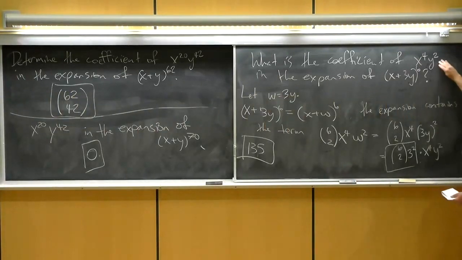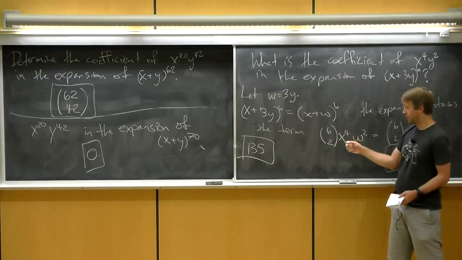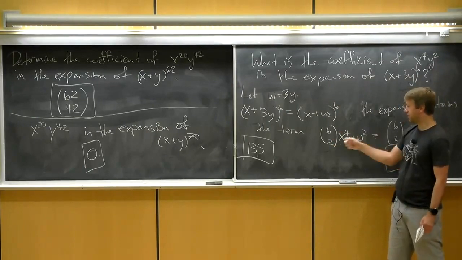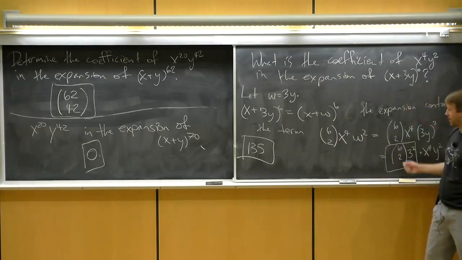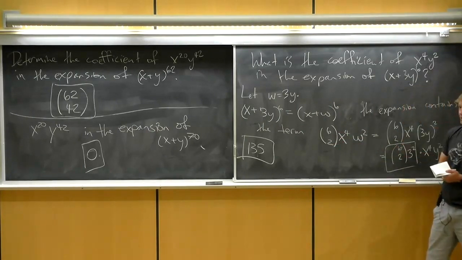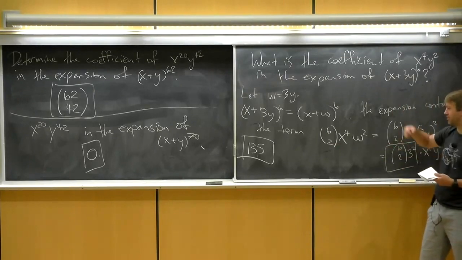Well, the question asks for x to the 4 y squared. But if it asked for x cubed y cubed, you could do exactly the same thing. Here you'd look at the term that's like x cubed w cubed, and this would be 6 choose 3. The answer would be 27 times 6 choose 3, where the 27 comes from 3 cubed.